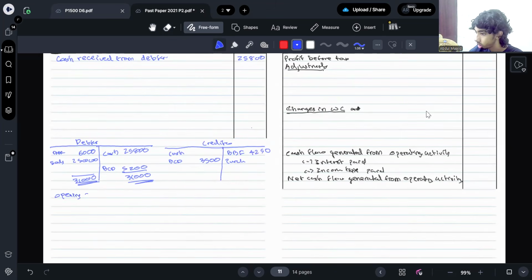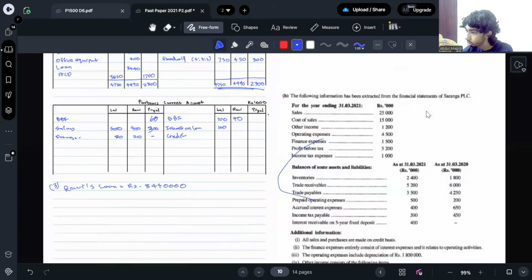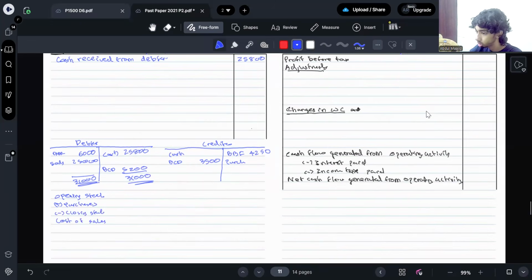Opening stock plus purchases minus closing stock will give you your cost of sale. In this question, the cost of sale is 15,000.